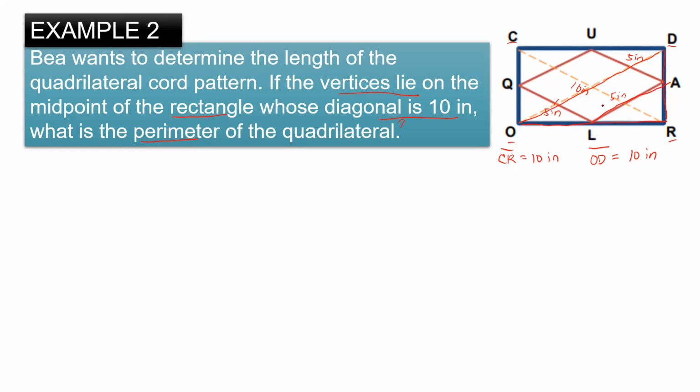And for the opposite side, which is QU, since they are congruent, the measurement of QU is equal to 5 inches. Then to get the perimeter of this quadrilateral, just get the sum of the measurement of its sides. So 5 plus 5 plus 5 plus 5 is equal to 20 inches.